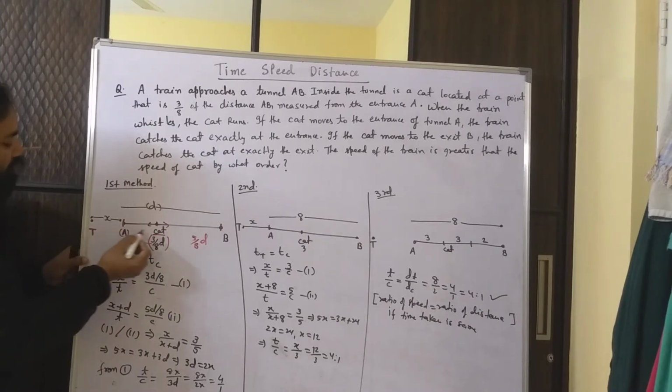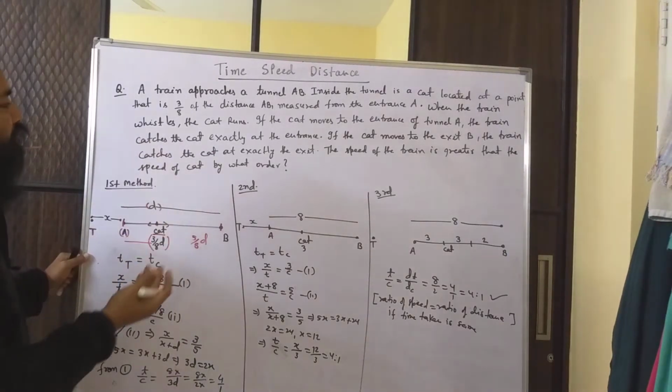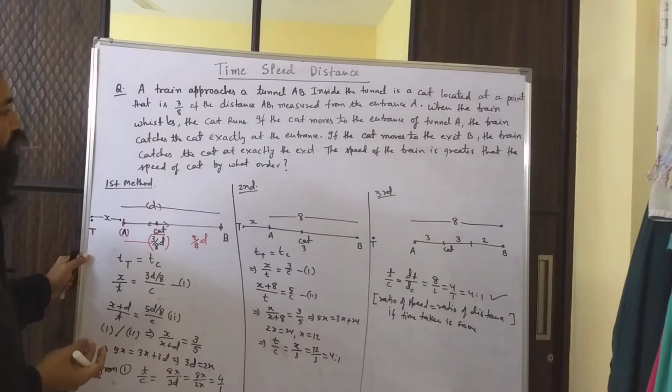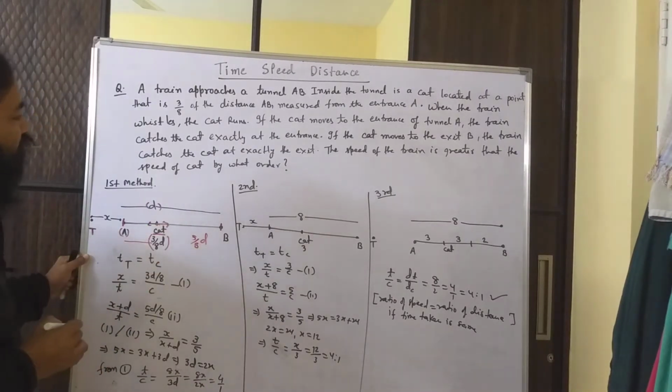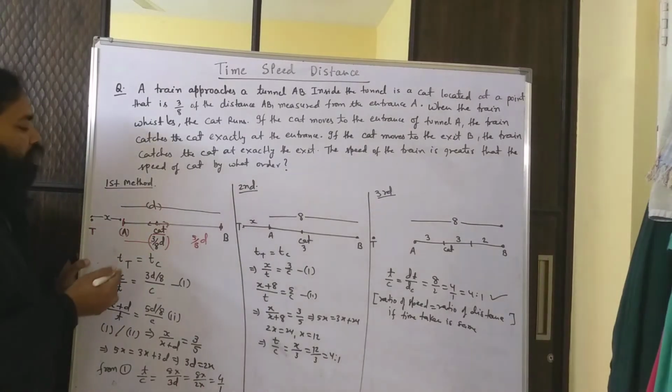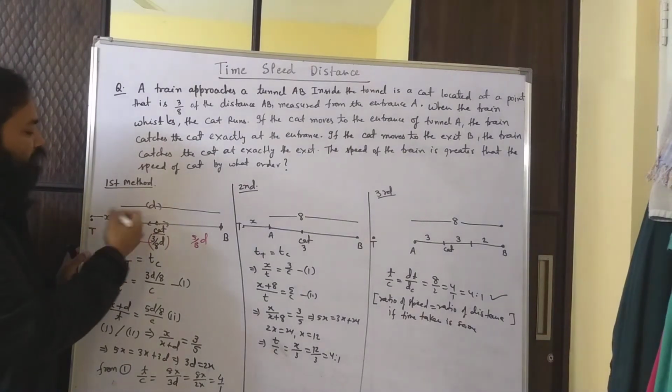When the train whistles, the cat runs, and they meet at A if the cat moves in this direction. And next they are saying if the cat moves to the exit B, suppose the cat starts going in this direction, the train catches the cat at exactly the exit.